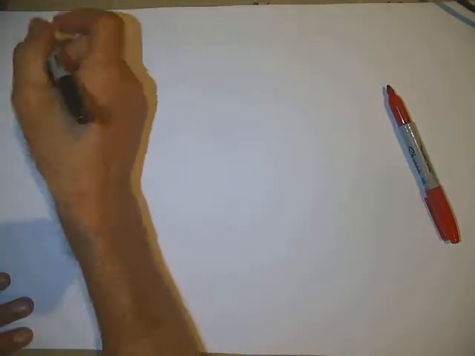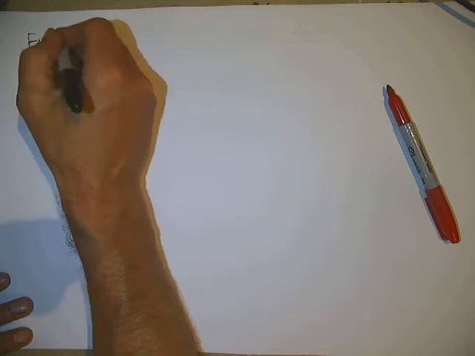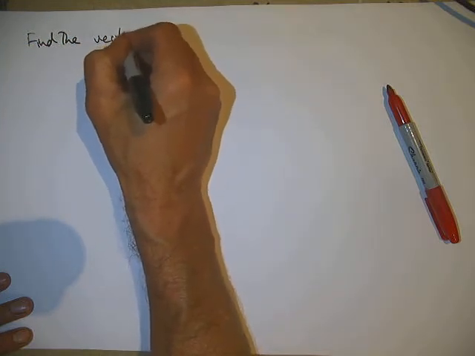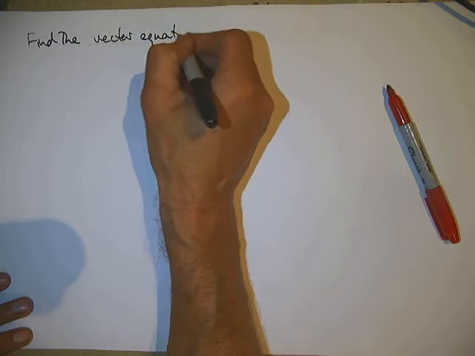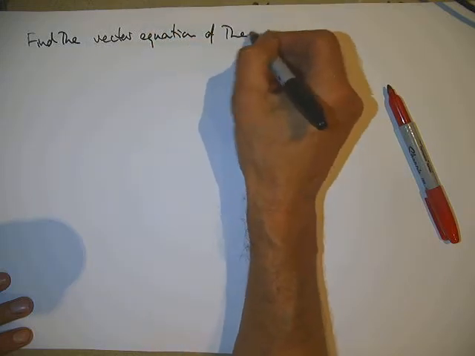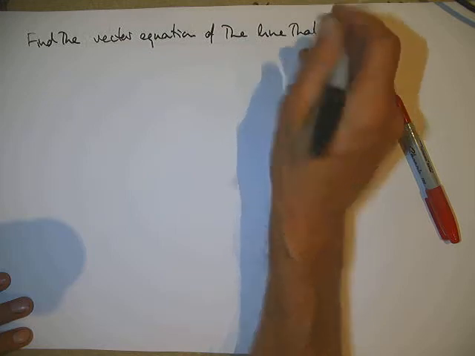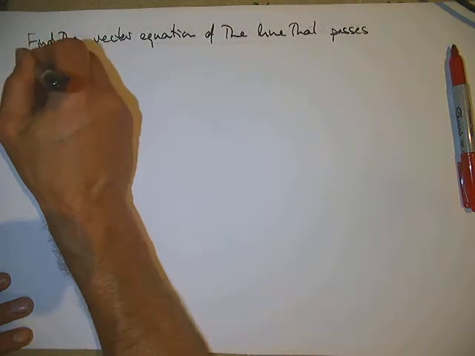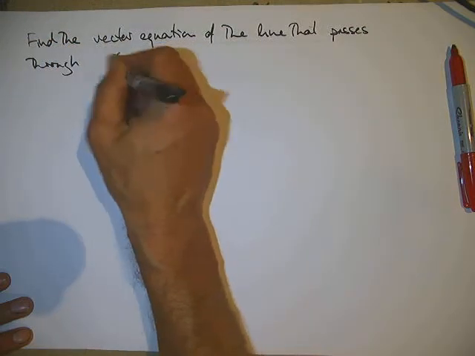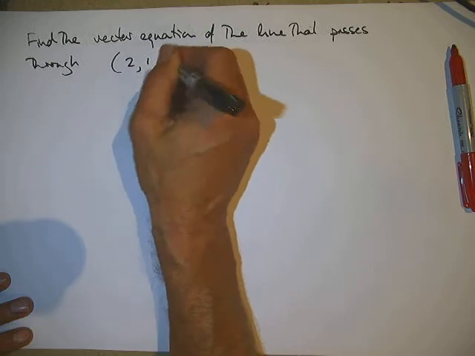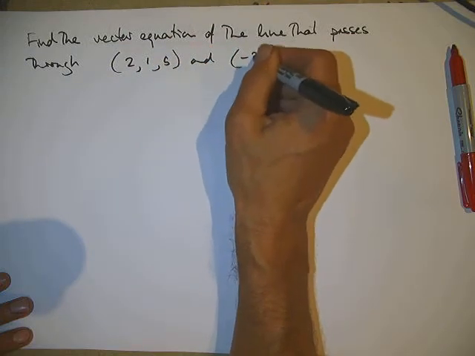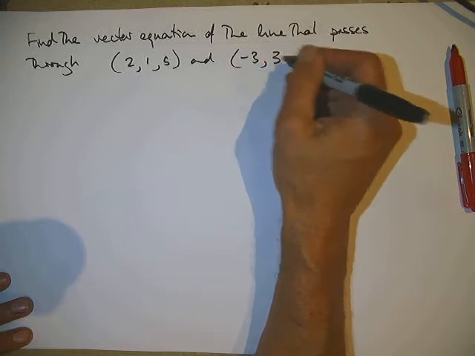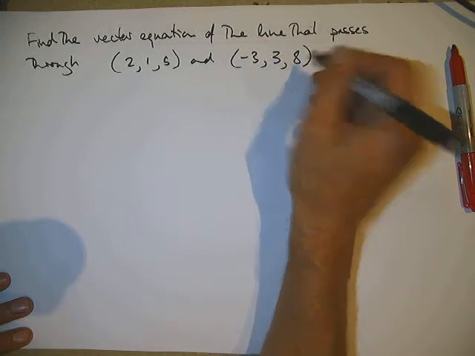A good question would be, at GCSE, you were sometimes asked: find the vector equation of the line that passes through, let's have (2, 1, 5) and (-3, 3, 8), for example.